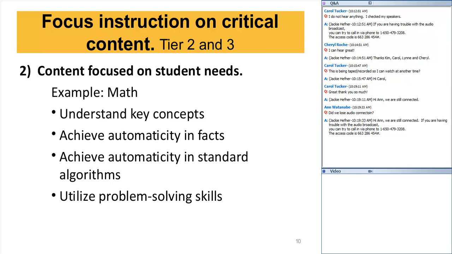Now, again, the difference in Tier 2 and 3 is that we might not hone in on all of these, but look at what are the students' biggest needs that are separating them from their peers. For example, when I talked to three of the presenters, they said in the youngest grades, the concepts that they're working on are mostly numeracy, and also automaticity in facts.